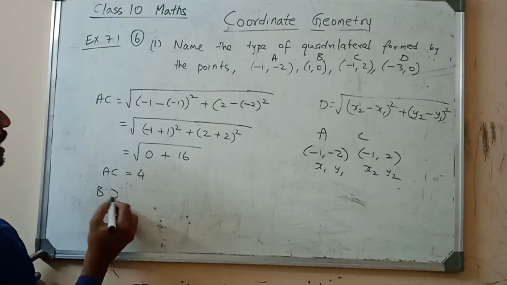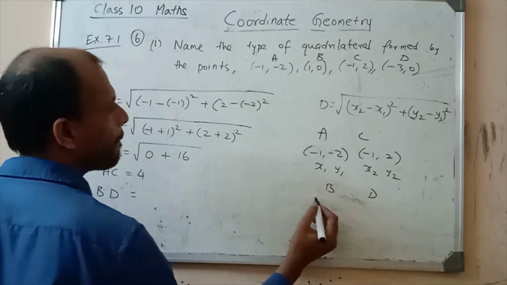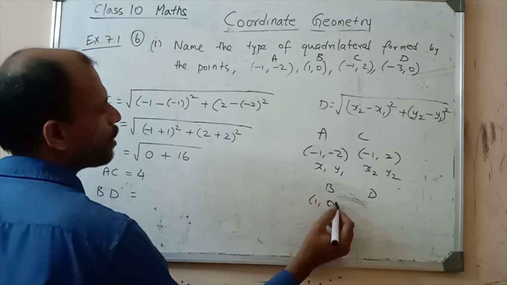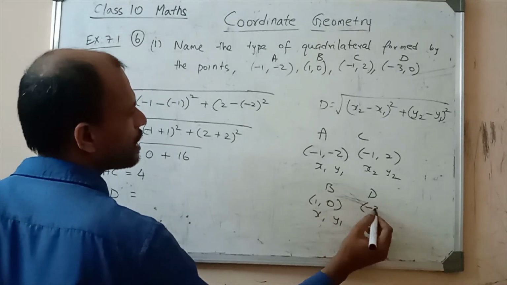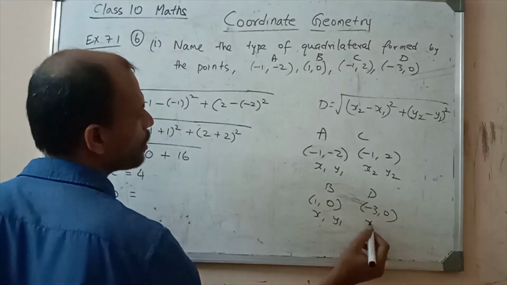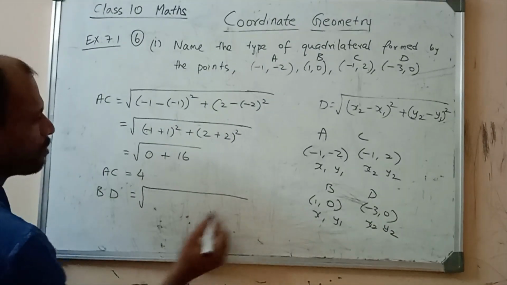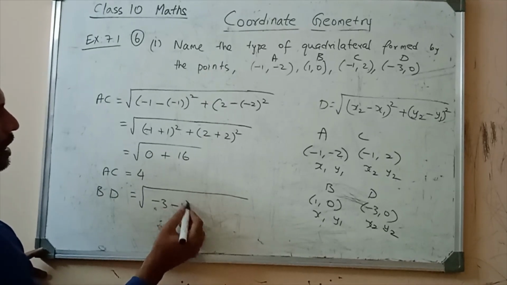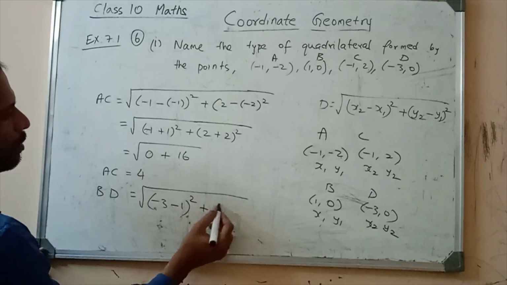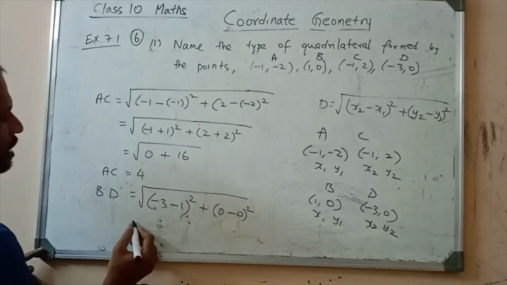Like that, let us find another diagonal BD. B(1, 0) becomes x1, y1, and then D(-3, 0) becomes x2, y2. So now x2 minus x1, minus 3 minus x1 value 1, the whole square, plus y2 0 minus y1 also 0, whole square.